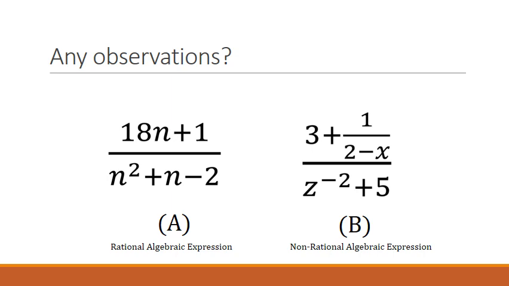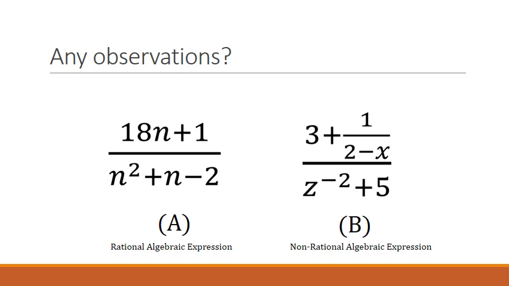So what can we observe in both of them, A and B? We can say they have both similarities and differences. Let us identify first the similarities.